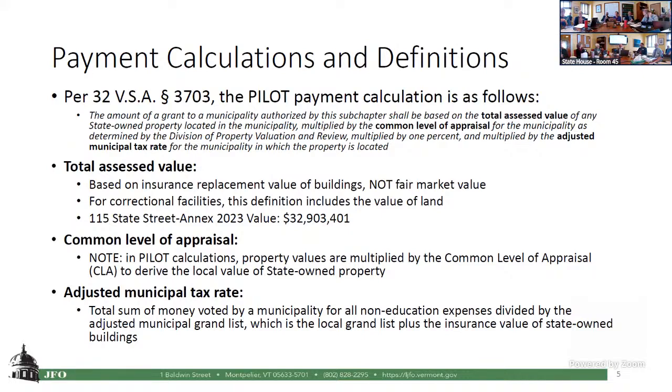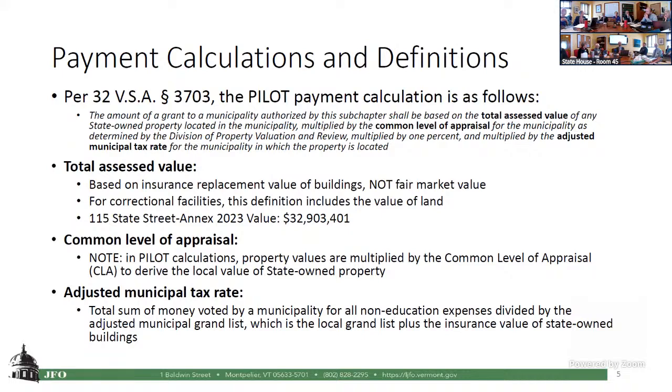In order to make those state level values match the local values in a municipal grand list as they're maintained, because this is driving a municipal calculation, you need to use the CLA to essentially make those match by multiplying. On the flip side, to make all municipal values match at the statewide level, you're dividing. So it's just flipping that, because you're essentially doing the reverse calculation to make state values work at the local level.